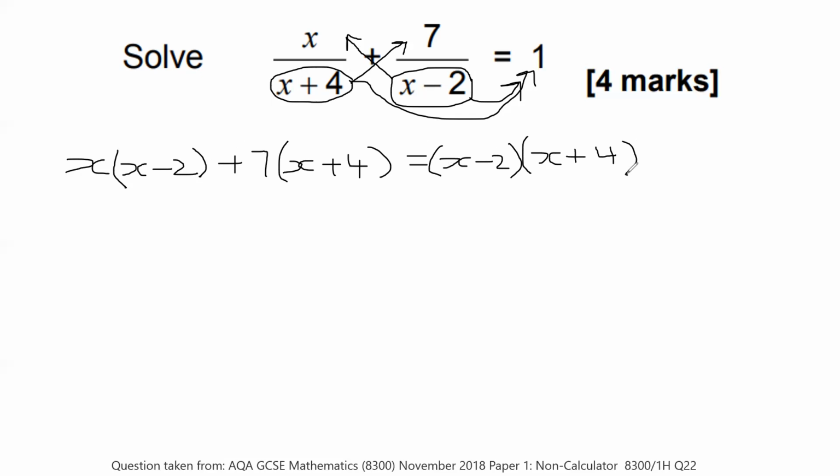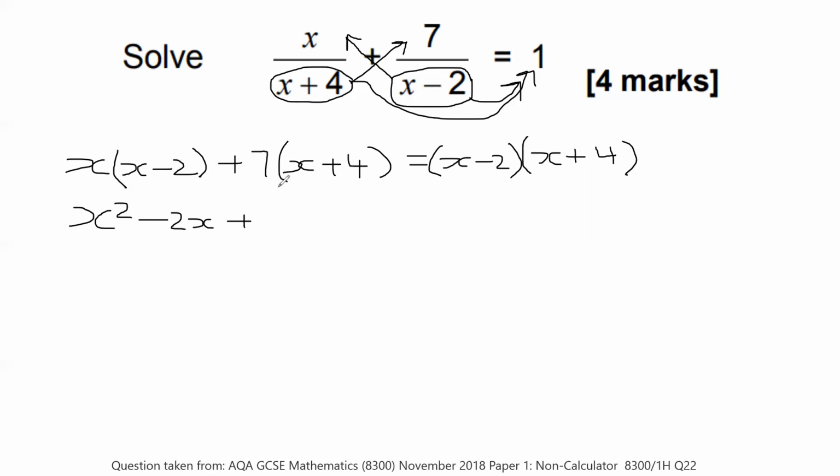So now the next step is to expand all of these brackets so we can see exactly what it is that we're dealing with. So if we start with this first bracket, if we expand this bracket, I'm going to do x times x. Gives us x squared, and then minus 2x.